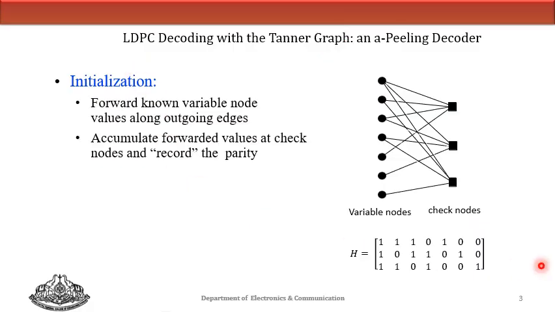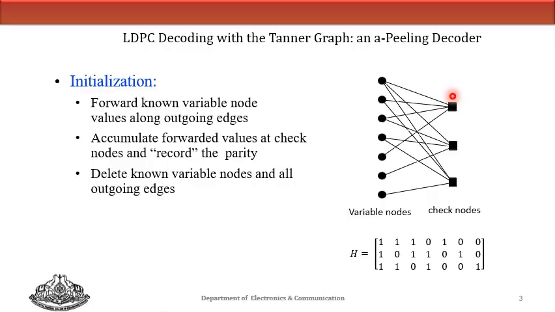What the check nodes will do is accumulate the forwarded values at the check nodes and record the corresponding parity. And the third main step is to delete the non-erased variable nodes and all their outgoing edges. We will see all these steps with the help of this example.